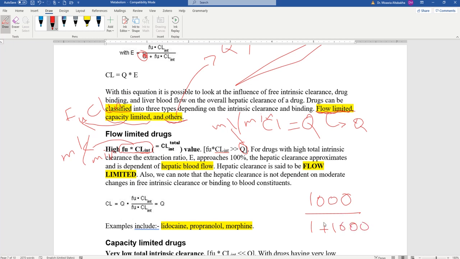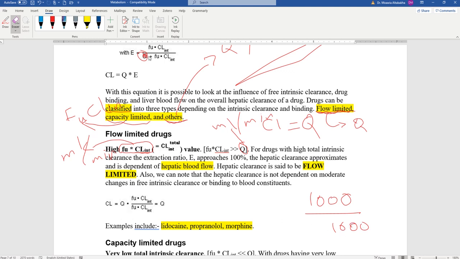Now look at the ratio. Here the ratio will be about 1, meaning 1000 over 1001, almost 1. So if you remove this one, it will not affect the result a lot. Right? 1000 by 1000 or 1000 by 1001, not a lot of difference.